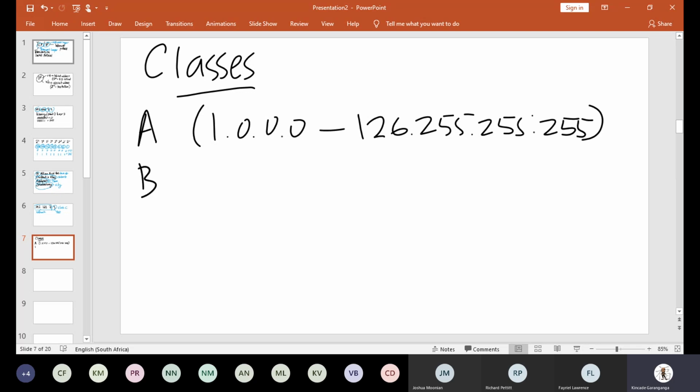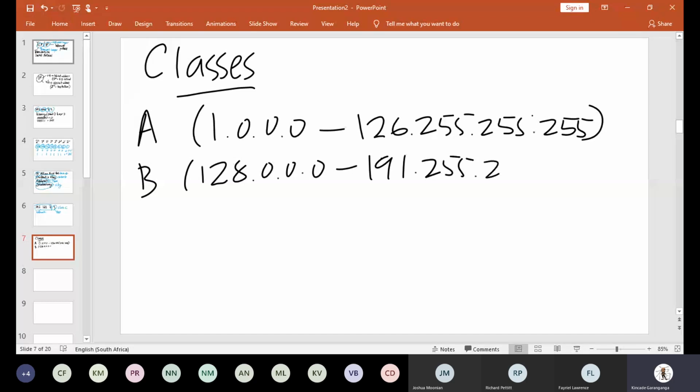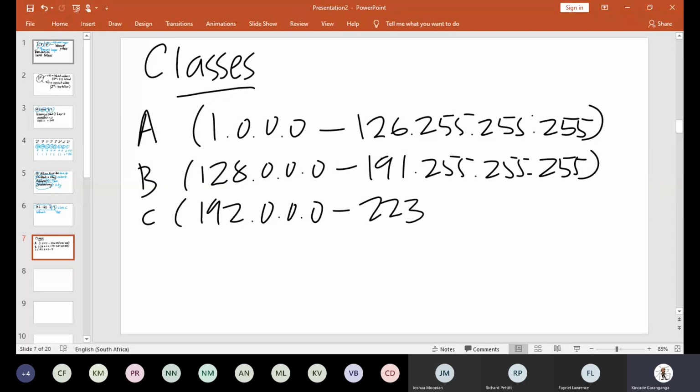And then class B starts at 128.0.0.0 all the way to 191.255.255.255. And then class C starts at 192.0.0.0 all the way to 223.255.255.255.